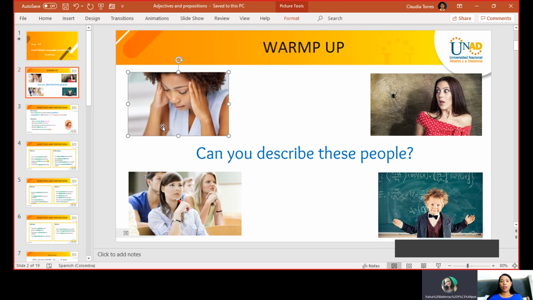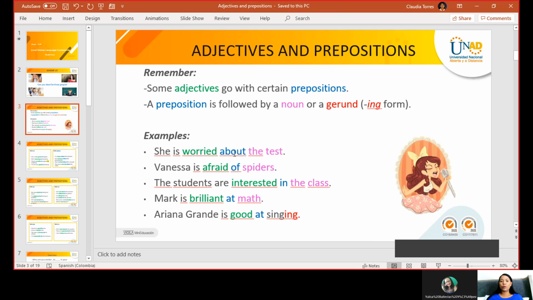So she is worried, but next to worried, you need to use a preposition. You have to imagine that worried is married to about, right? So they always go together. She's worried about the test. I'm worried about COVID-19.